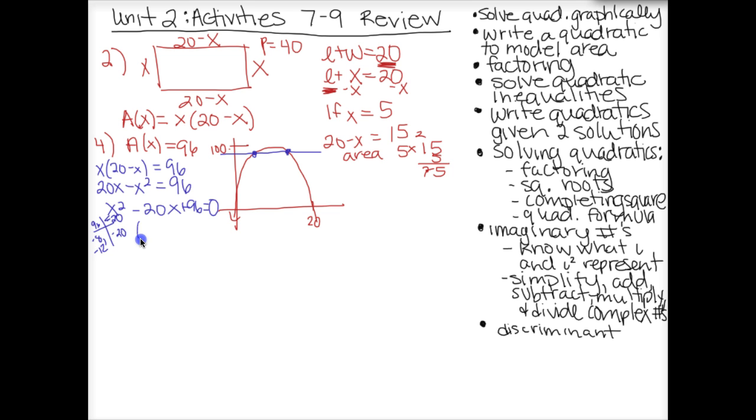So that means this factors into x minus 8 times x minus 12. So if I'm solving by factoring, I get x equals 8 and x equals 12. So now I have demonstrated algebraically that yes, this area is possible because a width of 8 and a width of 12 make sense for the real life situation.